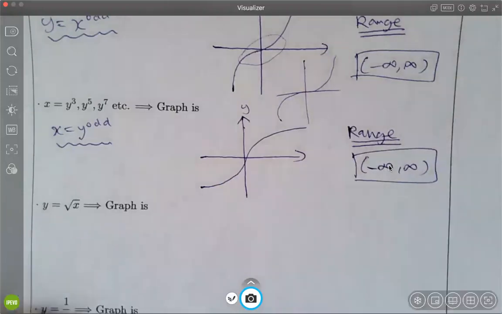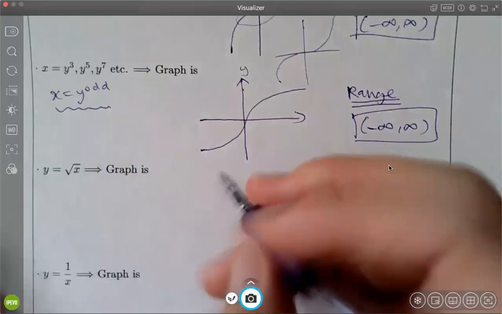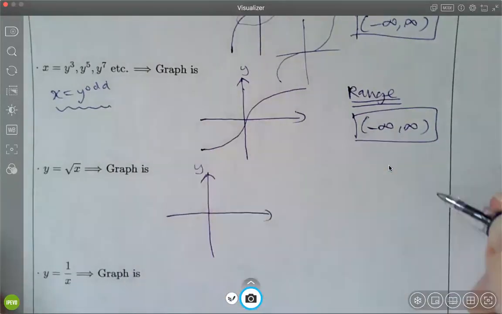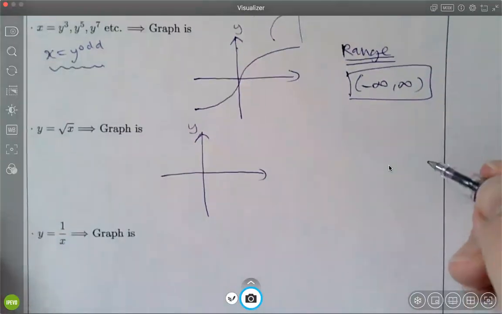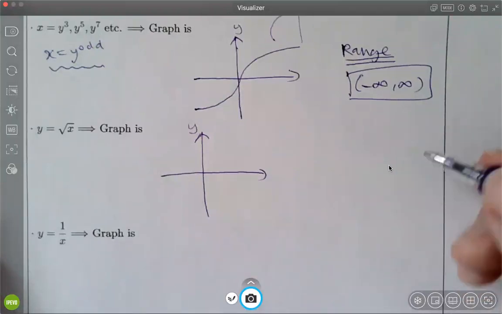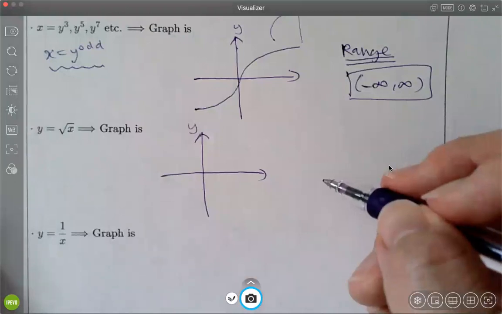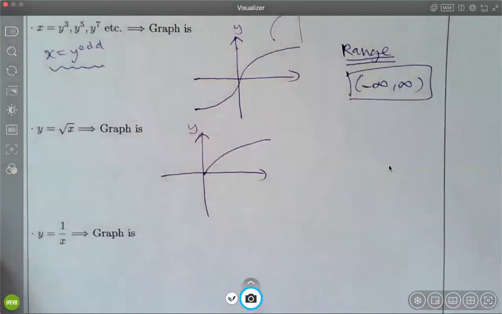Okay, so now two more graphs. Y equals square root of x. Now, we have seen its graph before for sure. Do you remember how the square root of x graph looks like? Like a hill. Okay, now, what kind of hill? Start at the x and go. Right, something like this.